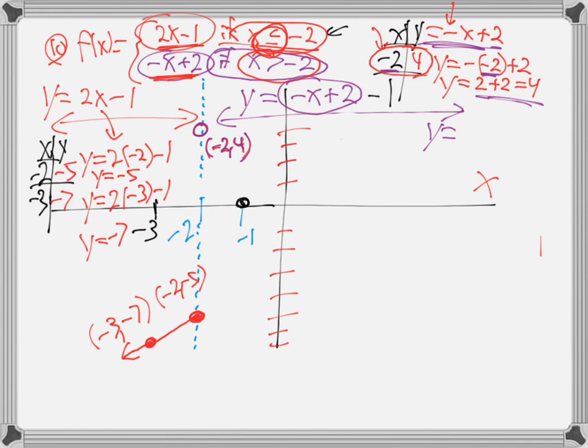How are we doing? Plug in negative 1. To this it's going to be negative 1 plus 2, right? Which is 1 plus 2, 3. Back 1, up 3. Right there. Connect the dots. And then 3 stays open, right?